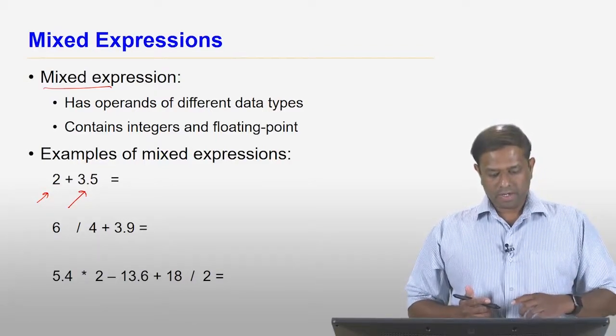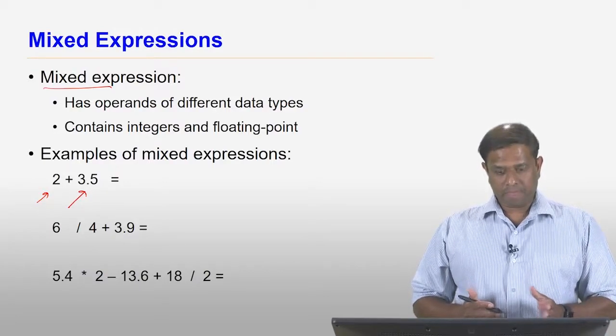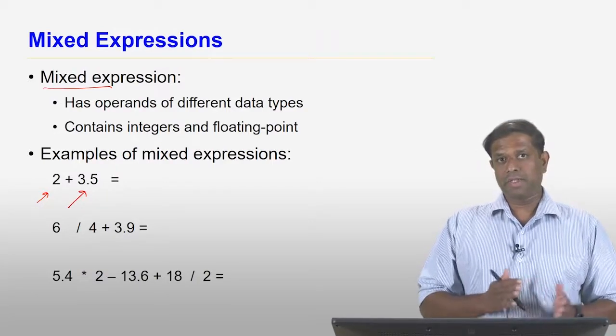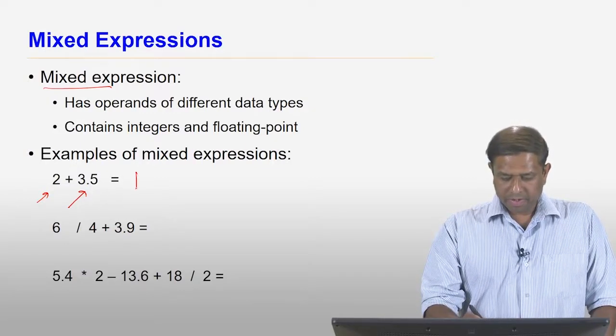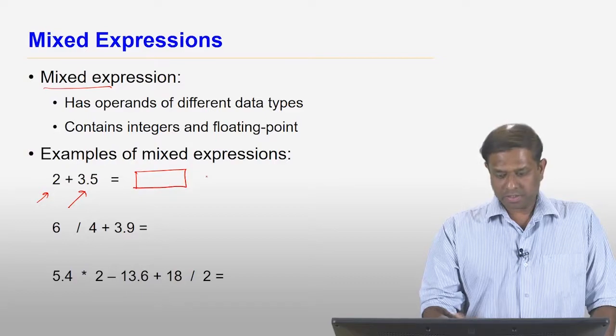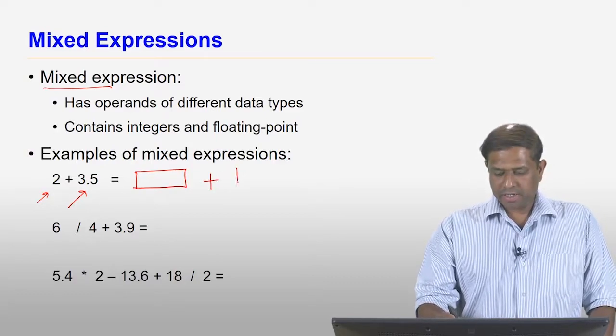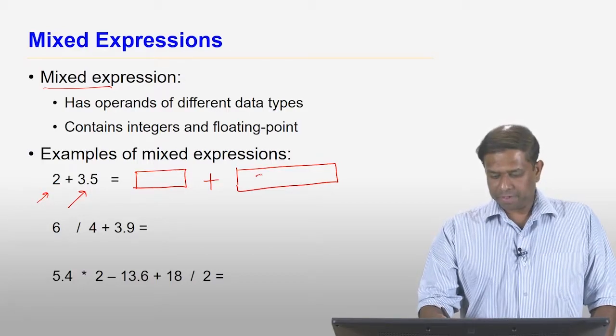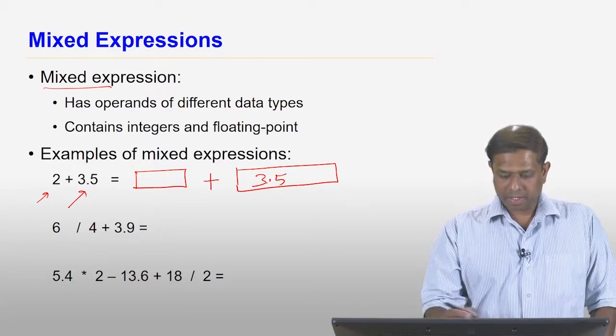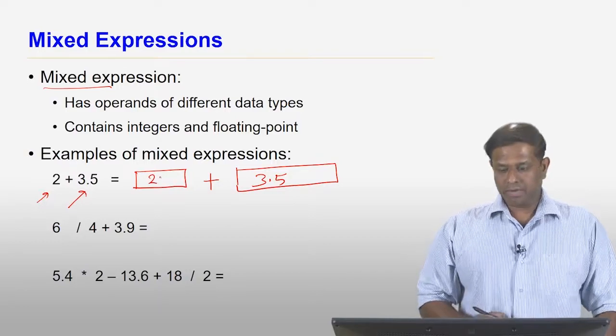An integer is a 32-bit integer, while 3.5 as a double value is 64 bits. So when you think about the way this data is stored in computer memory, we have 3.5 stored in much larger memory space than the integer value 2.